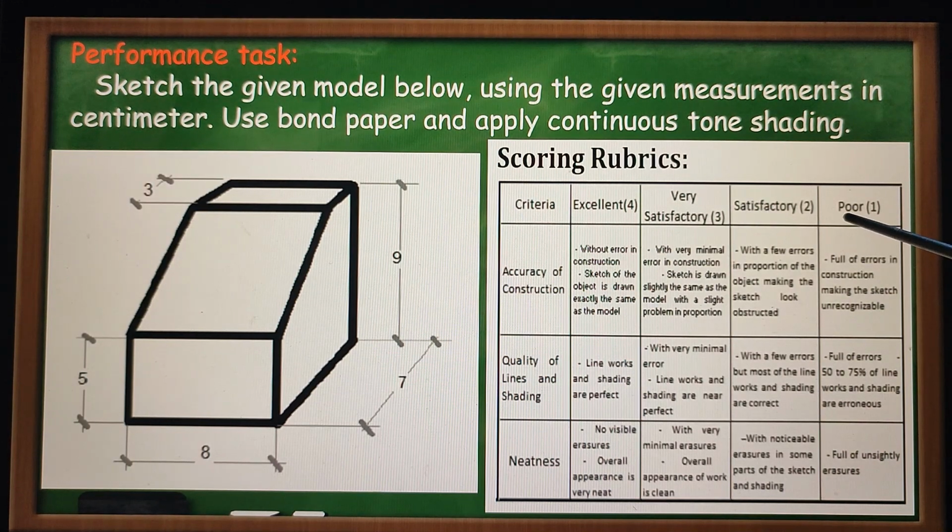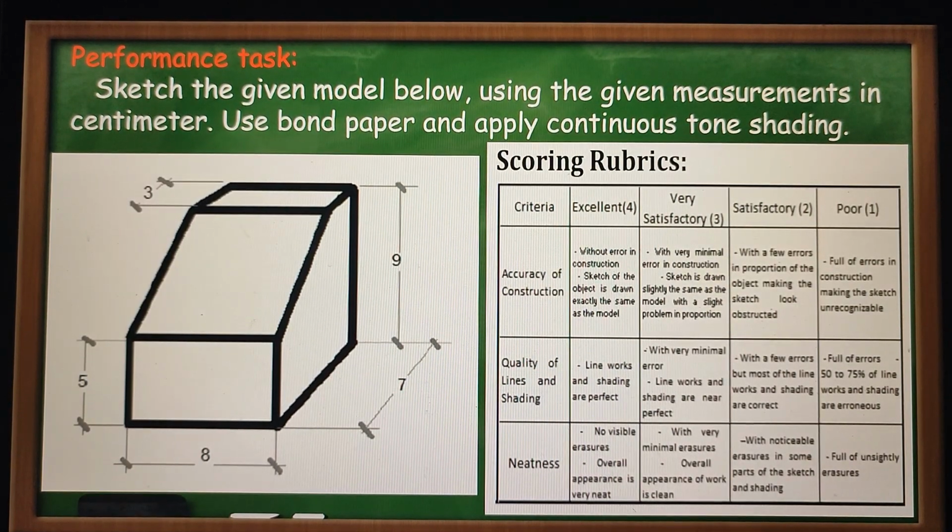Poor or needs improvement is 1. All in all, the highest possible score of your performance task is 12 points, plus additional points on your work. The highest possible score is 20 points.